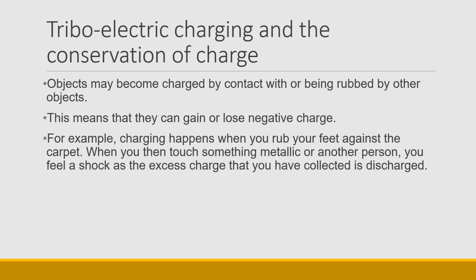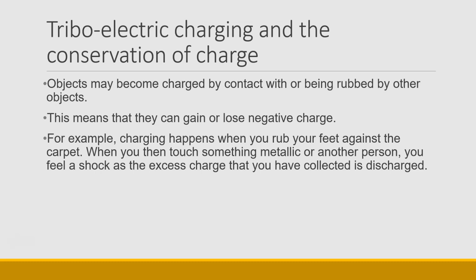So because we're electrical conductors, as we rub our feet against the carpet and electrons move onto our body, those electrons have the ability to move around and distribute themselves evenly throughout our body. Because remember that electrons don't like each other, they repel. So extra electrons on your body are going to distribute themselves in such a way that they minimize their total repulsion.